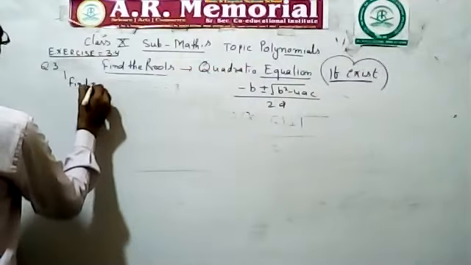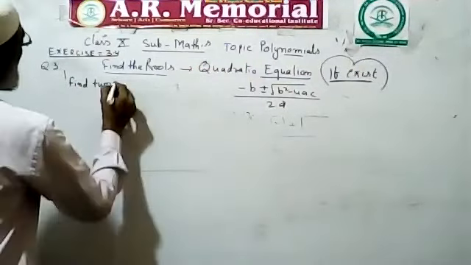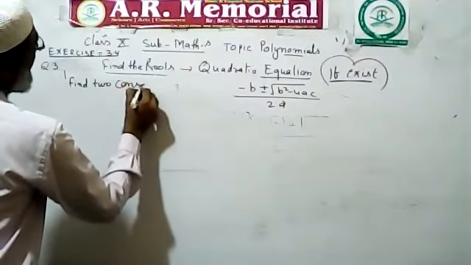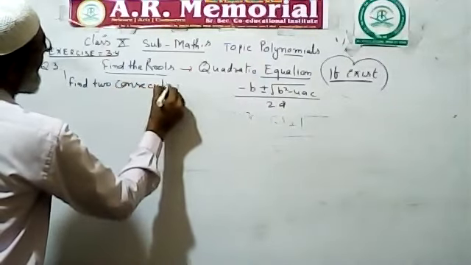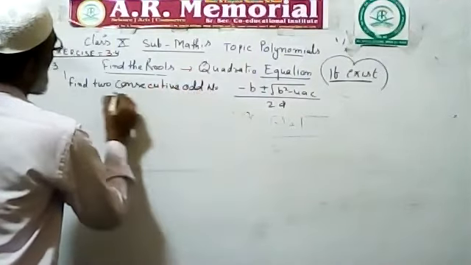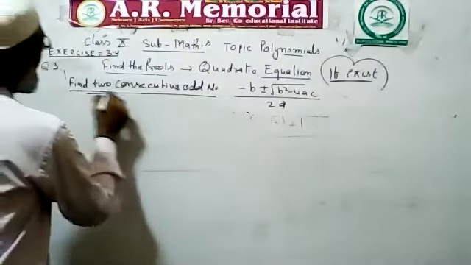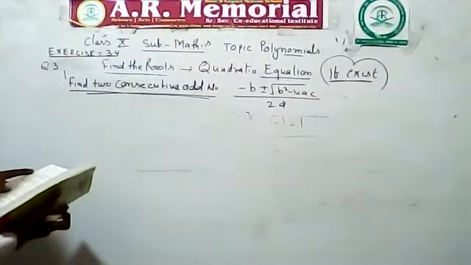Find two consecutive odd numbers, the sum of whose squares is 290. This is our question. Where is the clue?